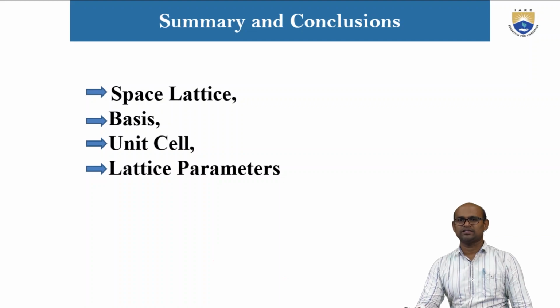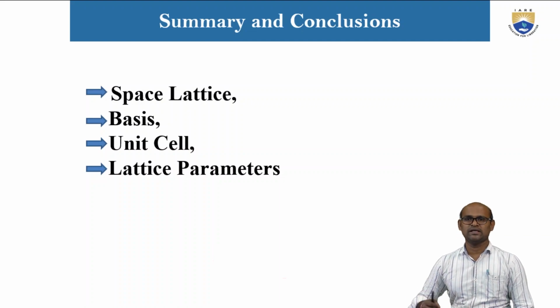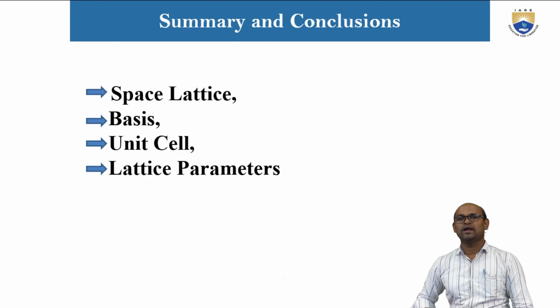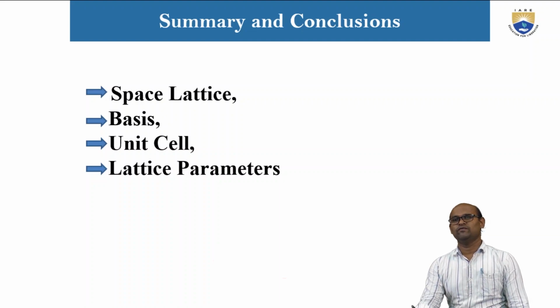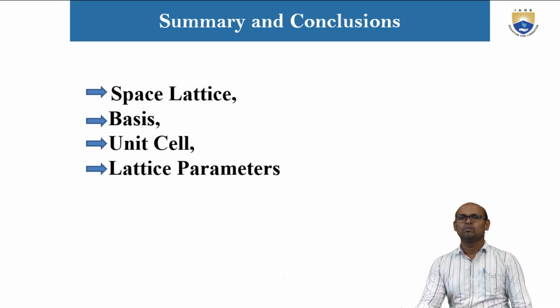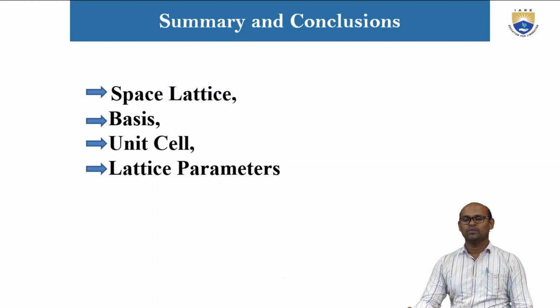So combining axial lengths ABC and interaxial angles alpha, beta, gamma are called as lattice parameters. Then we have defined a primitive lattice which has only one lattice point per unit cell, and a non-primitive lattice which is going to have more than one lattice point per unit cell. Okay. So in the next presentation, I will discuss more topics on this crystal structures.